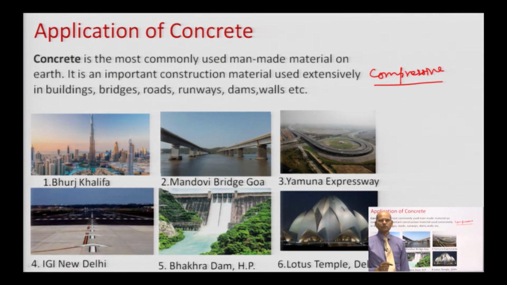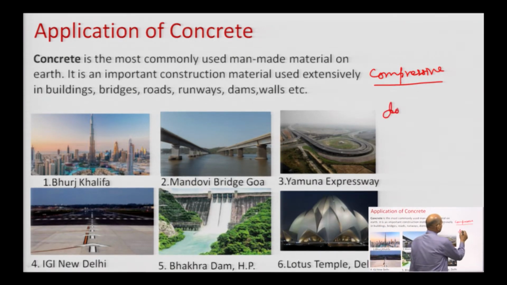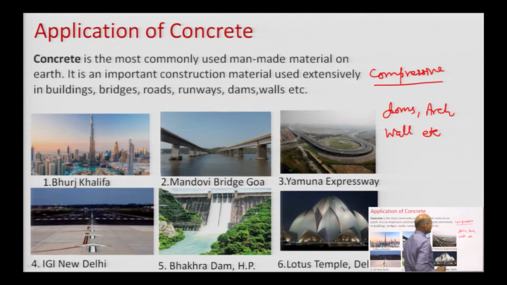It had very poor tensile strength. So it was used in places where the structure was subjected to compressive forces, like domes, arches, walls, etc., where compression was the predominant force.